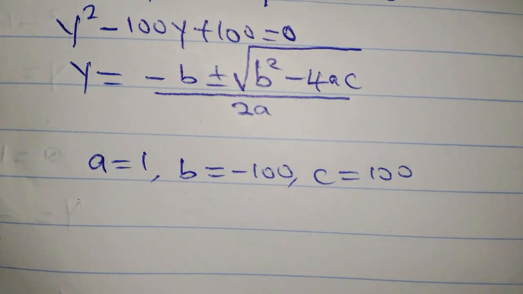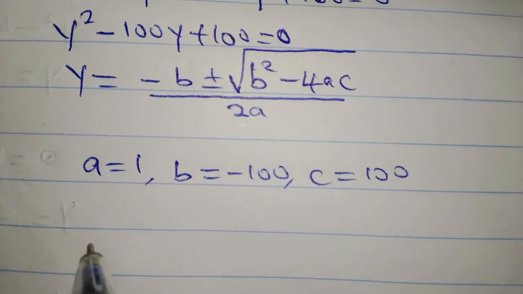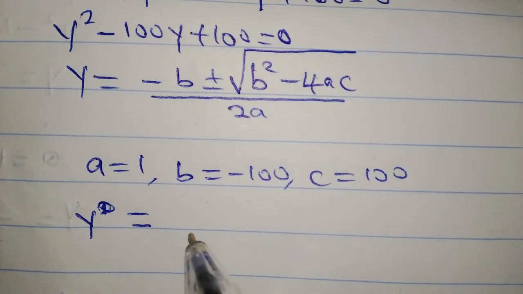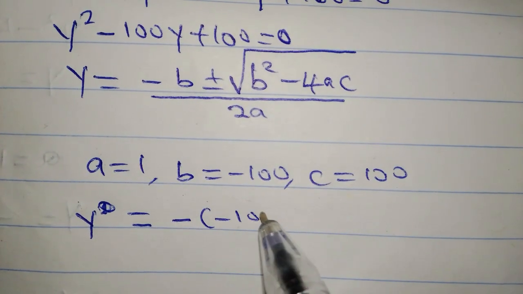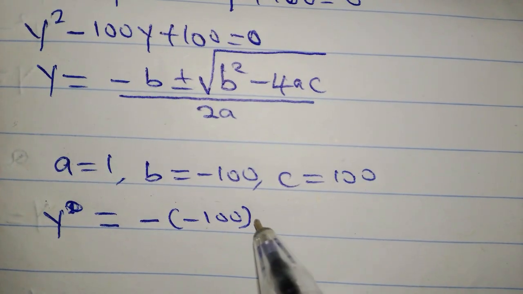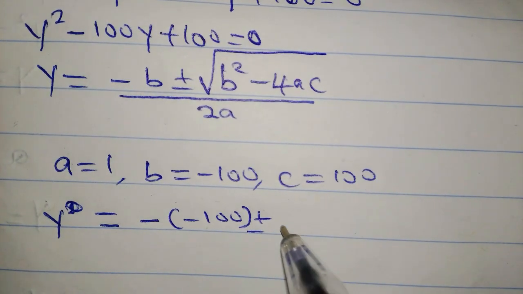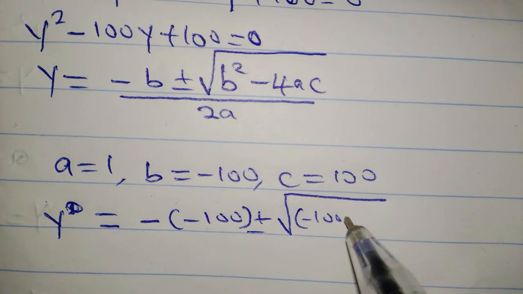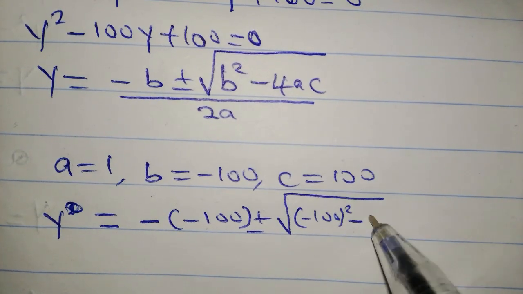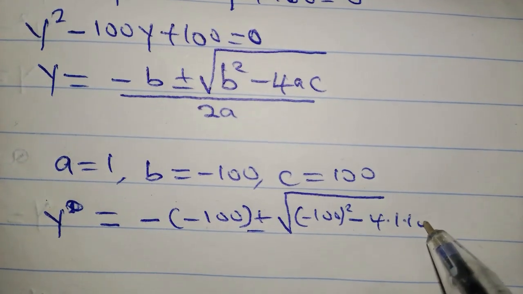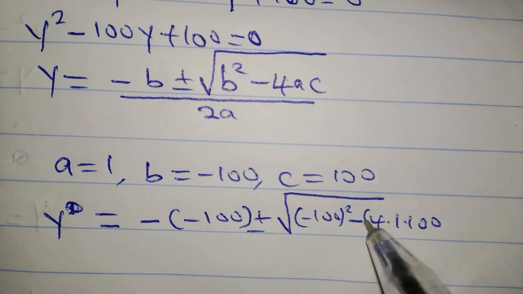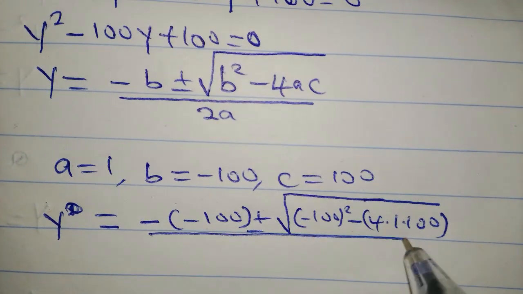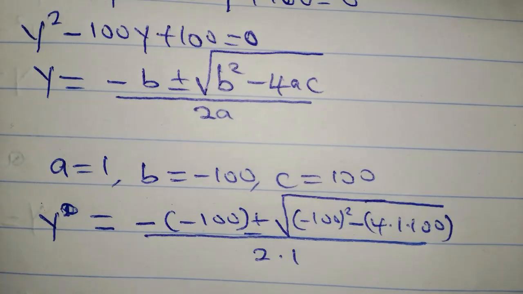Okay, so from here now we can say our y is equal to minus of minus 100 plus or minus the root of minus 100 all squared minus 4 times 1 times 100, all divided by 2 times 1.